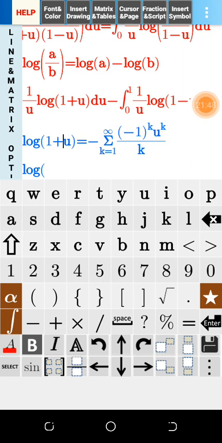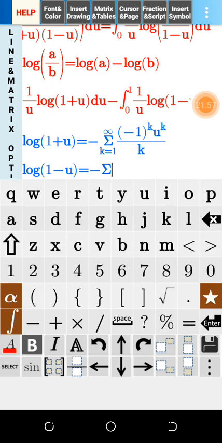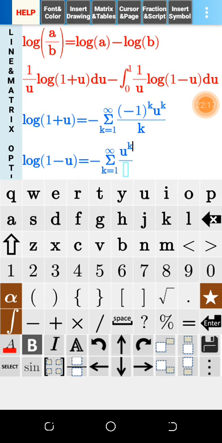This is the series for log(1 plus u), and log(1 minus u) is equal to minus the sum of k starting from 1 to infinity of u raised to the power of k over k.